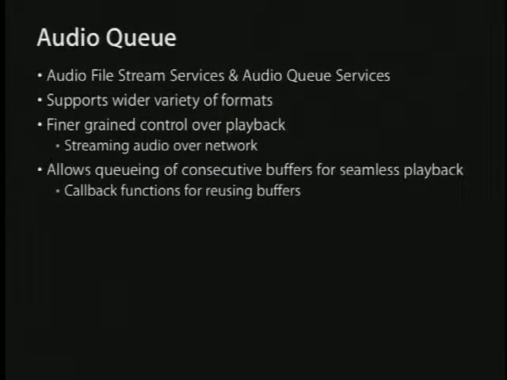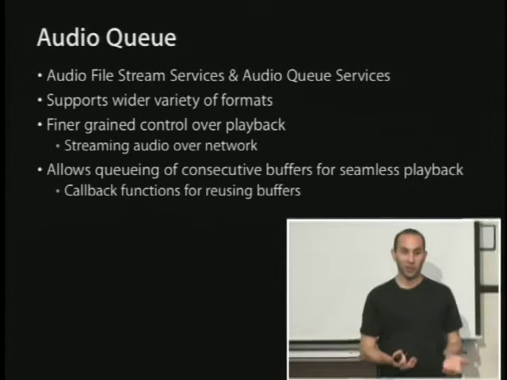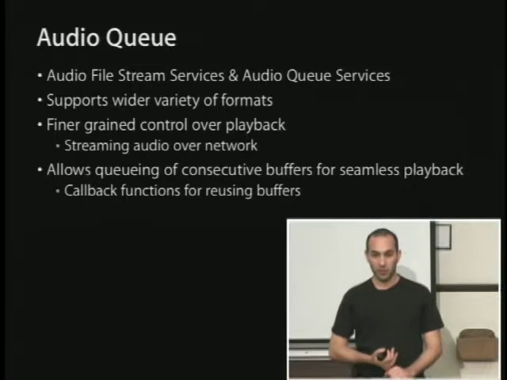So again, the AV Audio Player wouldn't give you that callback. Audio Cue would, and this is where we start getting into some more sophisticated APIs. The Audio Toolbox framework gives you several different classes. The one we're going to look at today is the audio cue. This will let you do something that a lot of people are really interested in, which is network audio.